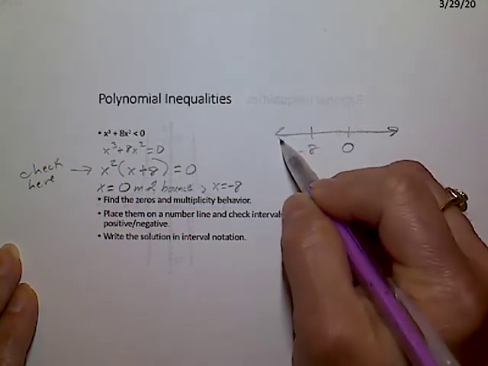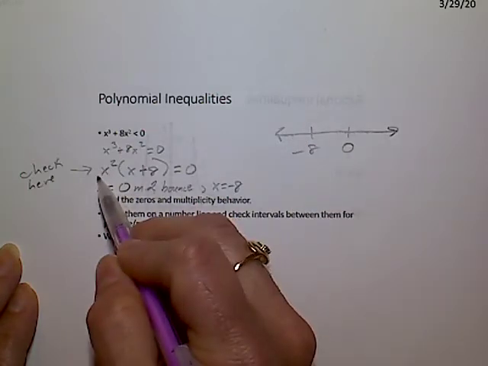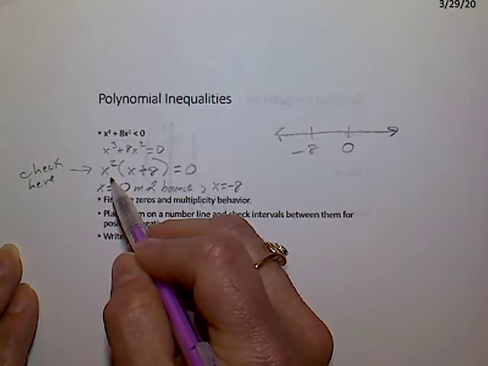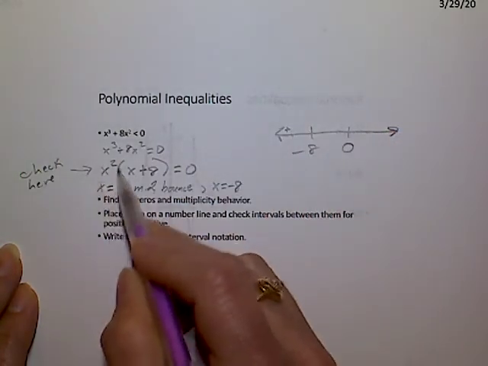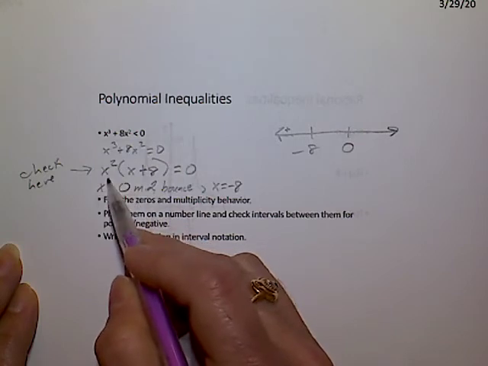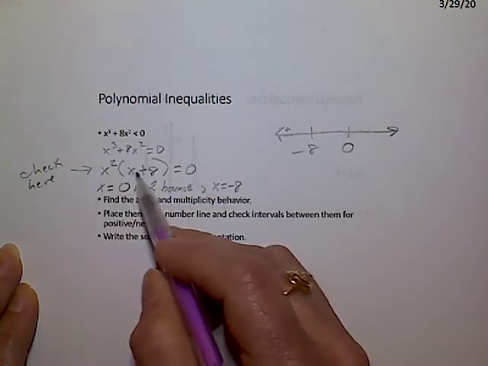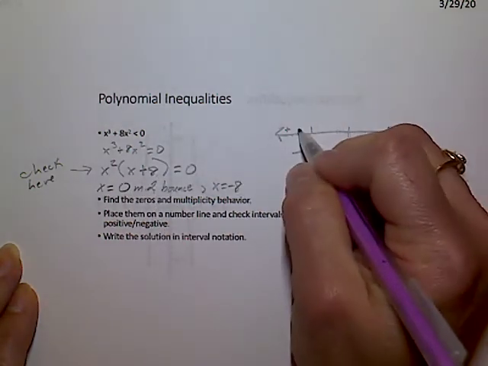How about negative 9? If I put negative 9 in here and I square it, I get a positive number. X squared, negative 9 squared is positive. It doesn't even matter what number it is. If I take negative 9 plus 8, I get negative 1, which is a negative number.